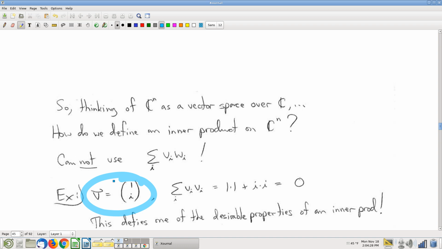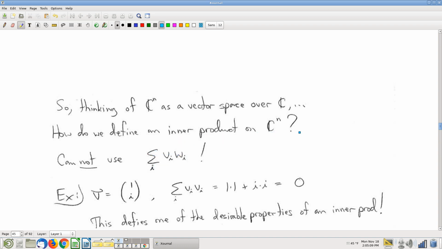Notice here is a very simple, easy to write down, innocent-looking little vector, and yet using that old Math 212 formula, its self-dot product is 0. And you're not allowed to do that. That's fundamentally not what dot products are supposed to do. Yeah? Questions? Okay. So, if we're going to define something dot product like on Cn, we're going to have to adjust this formula. That formula doesn't work.